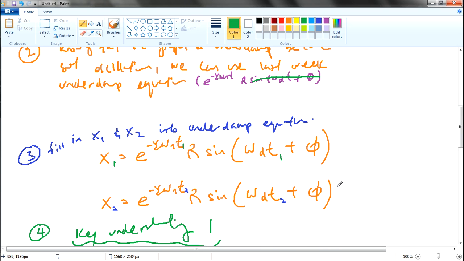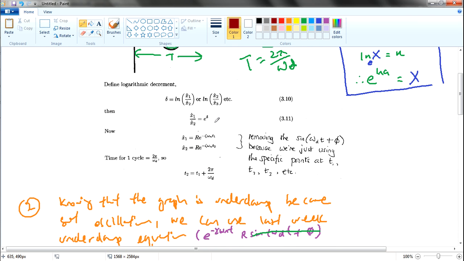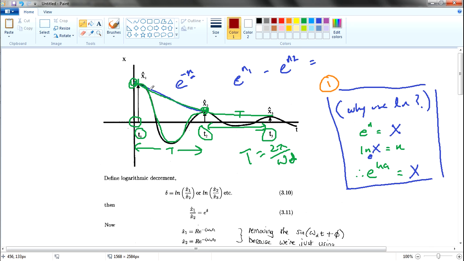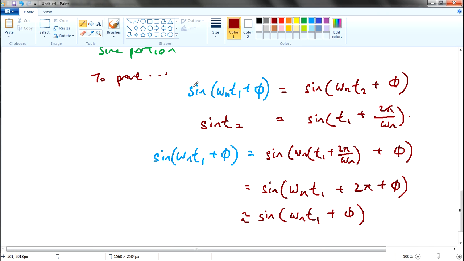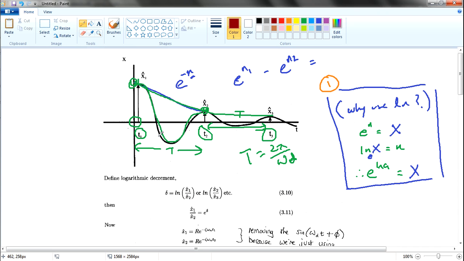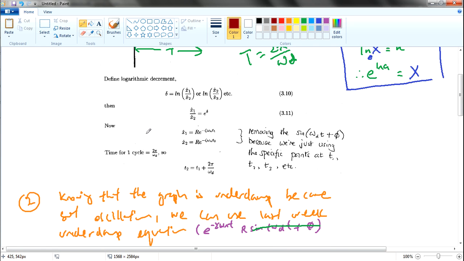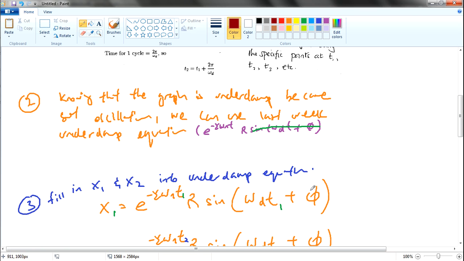So in order to prove it, because I'm just simply talking about it, let me give you this. Sine of omega t1 plus theta represents this point over here. So t1 is this plus some theta, some symbols.